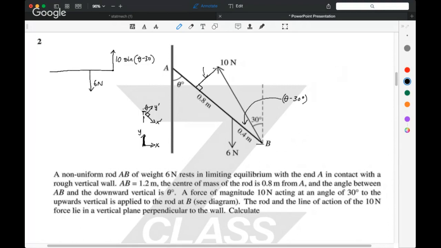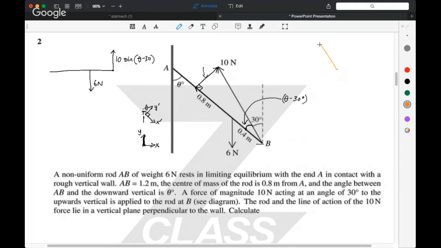So this force can be resolved along the rod like so, and like so, if you work out what this angle is.